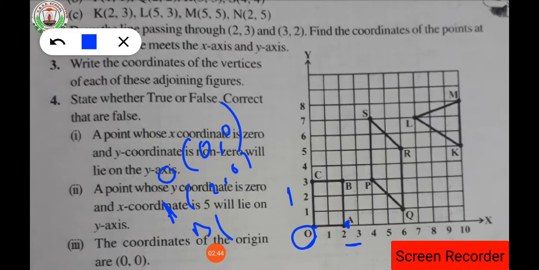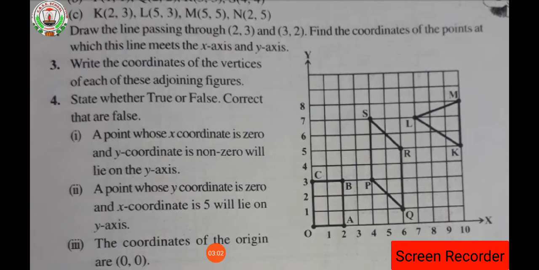For B the coordinates are (2, 3). The x value we have to write first and the y value in the second place. In the same way for C it is (0, 3). Like this we are going to write the solution for question number 3. That means while looking at the graph we have to write the coordinates (x, y). Clear everyone?